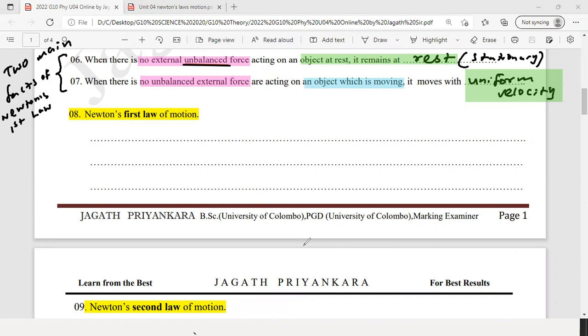Until an unbalanced force is applied, bodies at rest remain at rest, and bodies in motion continue to move at uniform velocity.